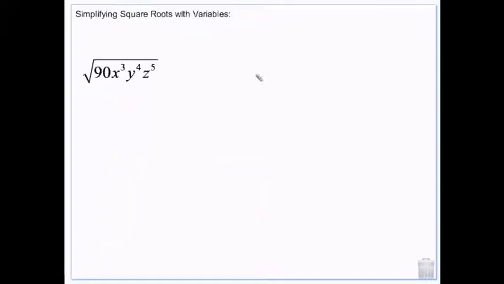Now let's throw in variables. Before we do this one, I want to just show you, let's say I do x squared. The square root of x squared is going to be x. If I have x to the third, there are 3 x's here, right? So I have a pair and 1 left over. So it would be an x on the outside with x on the inside.